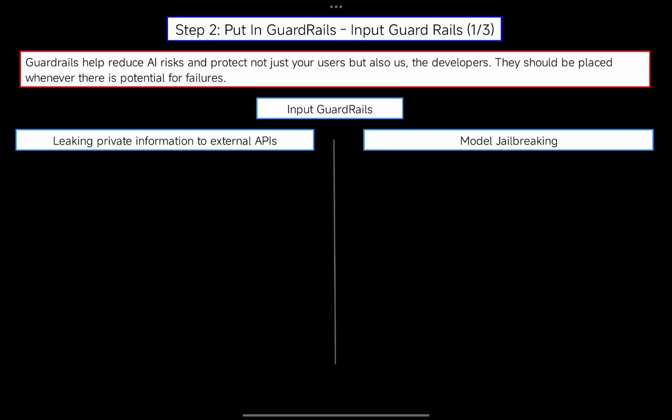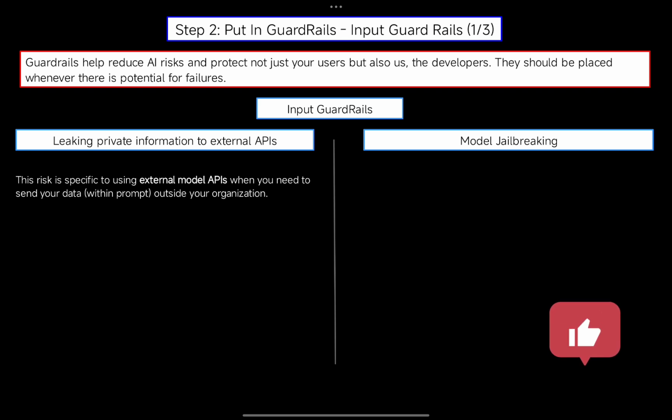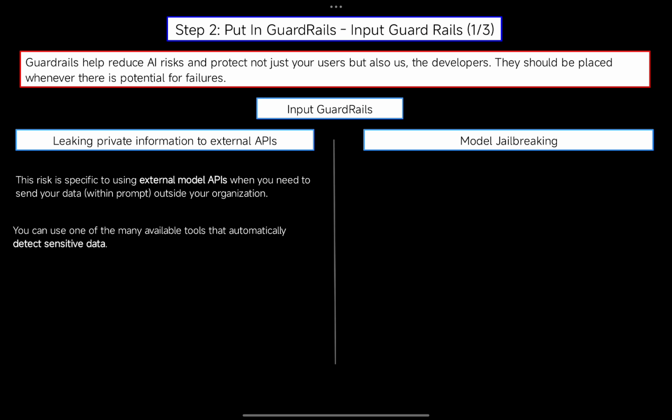In terms of leaking private information, this generally happens when users of your system are writing a prompt, and there is a risk that they are exposing your private information to the external model APIs. By writing sensitive data into the prompt itself, they might expose that information to the external APIs, right? So that is one of the failure points.